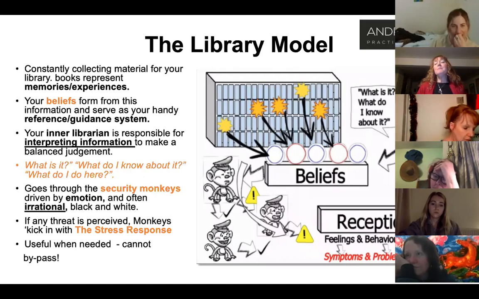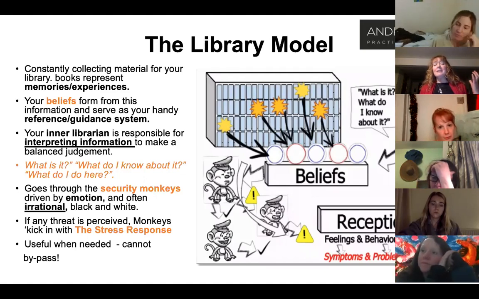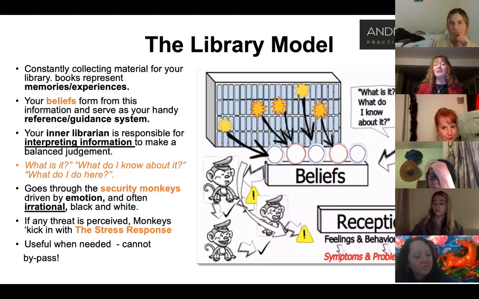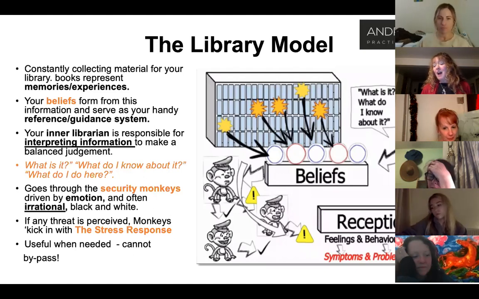But in order for him or her to work out what that information coming through really means, it needs to go through our inner security system, which is often referred to as the security monkeys. For those of you that have read The Chimp Paradox, you'll understand what I'm talking about. Your monkey brain is very irrational, very emotional, sometimes helpful, but sometimes not helpful at all.